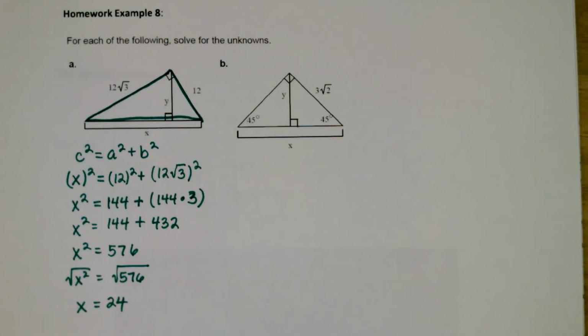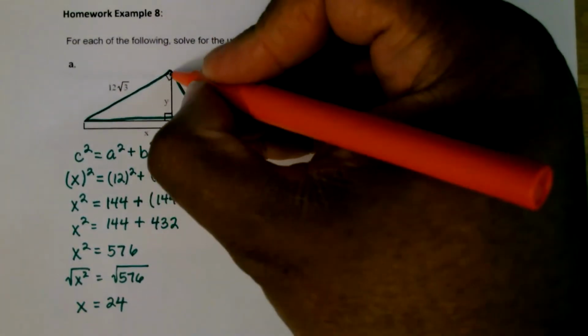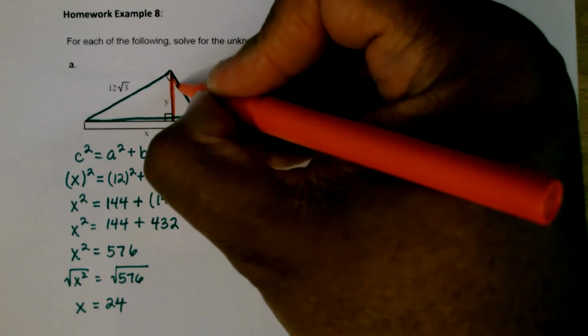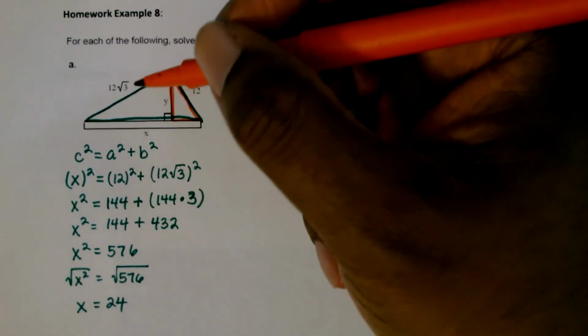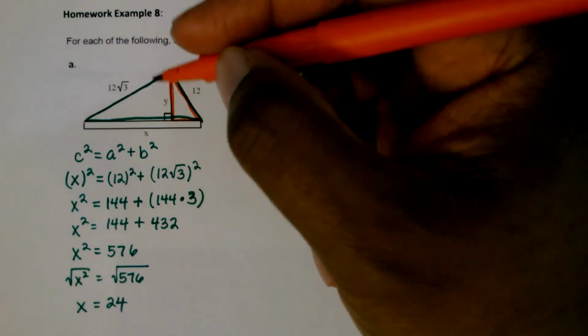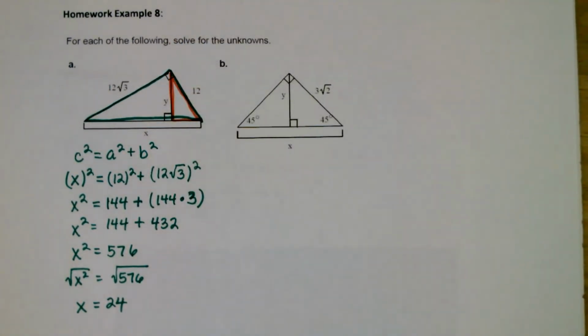Now I need to find out what y is. So we're going to be dealing with this triangle right here. Now, in this case, we can use the 30, 60, 90 relationship that I talked about earlier.